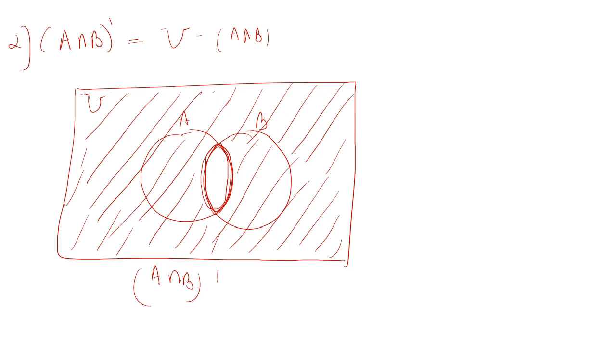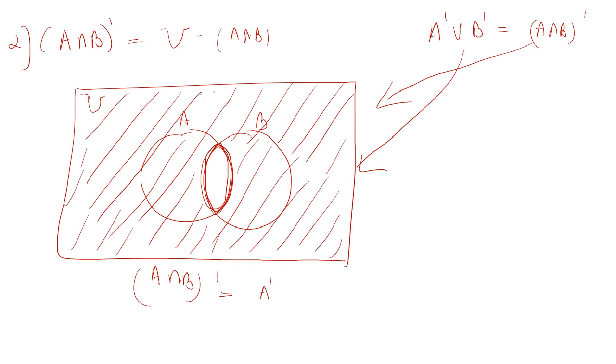Again in the same way students, if you get the question to draw the Venn diagram of A complement union B complement, remember this is equal to A intersection B whole complement. So the diagram for that is equal to this one. So this is also the Venn diagram for A complement union B complement.